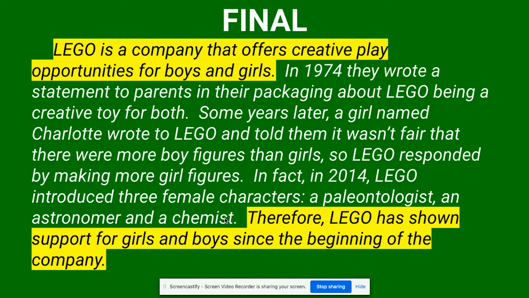I concluded with using a transition word, therefore, and writing Lego has shown support for girls and boys since the beginning of the company. It kind of proves the point. So I start with making my thesis and I end by scooping it up.